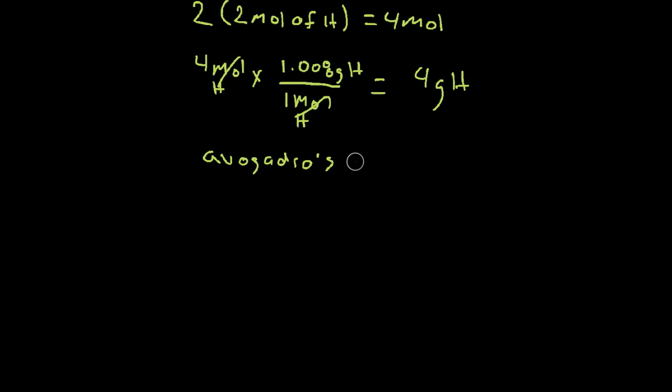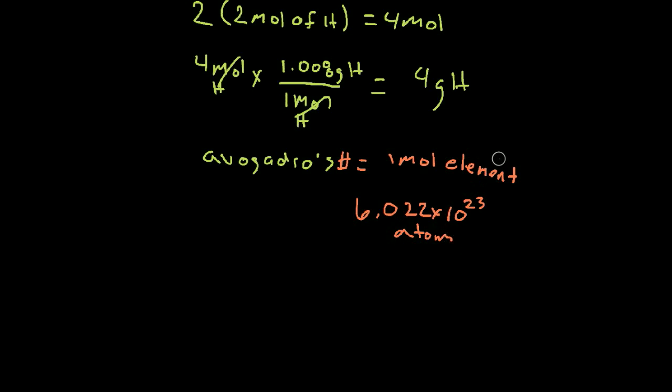Avogadro's number states that for every 1 mole of an element, you have 6.022 times 10 to the 23 atoms.